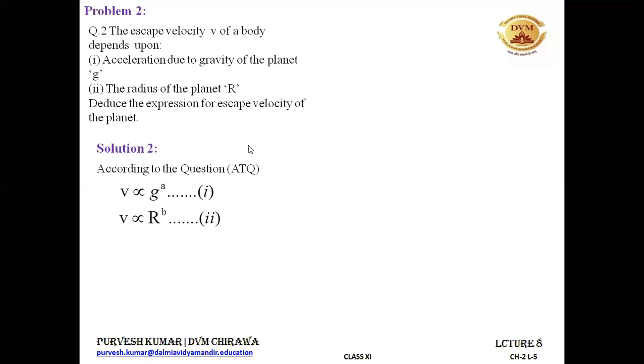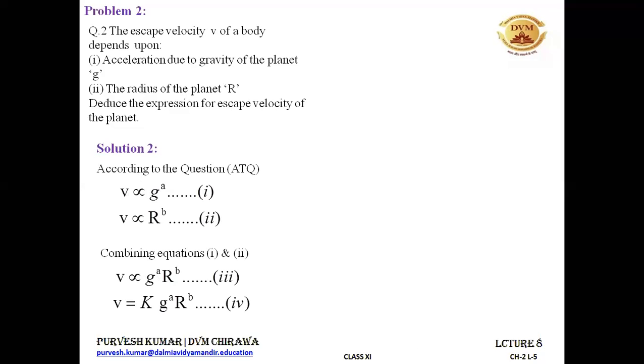So this is our equation number 2. Now combining these two equations, we have V proportional to g to the power a, R to the power b. When you remove the proportionality sign, there will be one constant, that is K. So V is equal to K g to the power a, R to the power b.